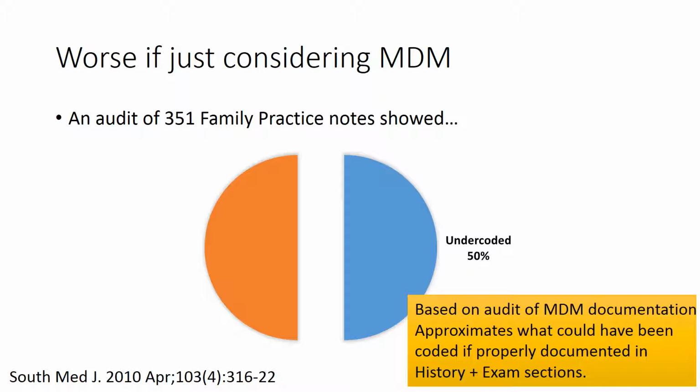However, if you just considered the medical decision-making component of the bill, 50% of the visits were undercoded, and it approximates what could have been coded if the history and exam sections were documented at the level that would support what was discussed in medical decision-making.